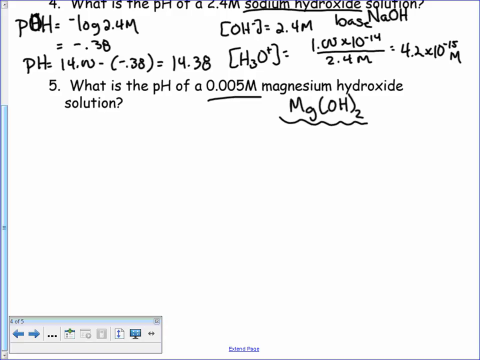So to get the concentration of hydroxide ion for this base, we're going to multiply the 0.005, one significant digit, by 2. And that's going to give us the proper hydroxide concentration. Just to point out, this 2 is because of this 2 here. When this compound dissociates in water, it gives us 2 hydroxide ions for every 1 particle of the compound.